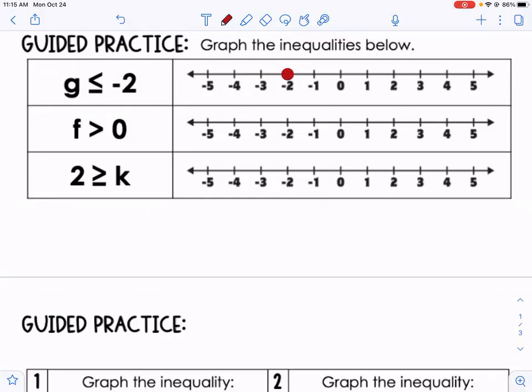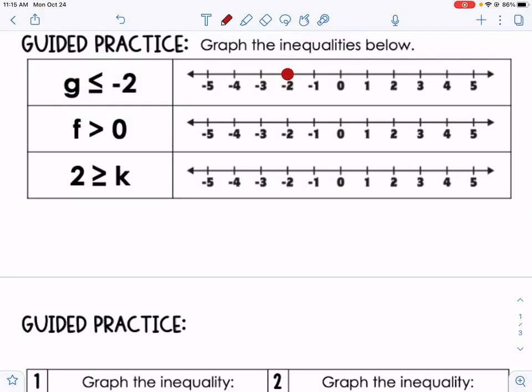I then want you and your elbow partner to think about the numbers on the left and the numbers on the right of negative 2. Are the numbers on the left or the numbers on the right going to satisfy G is less than or equal to negative 2? Talk about it. Don't draw anything. Denise, are we going to go left or right?